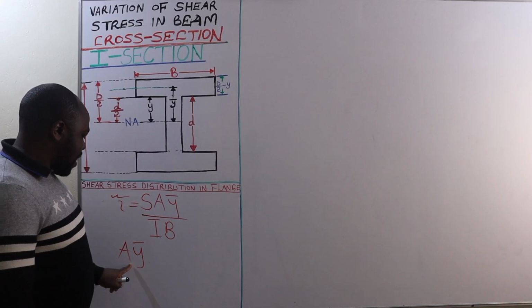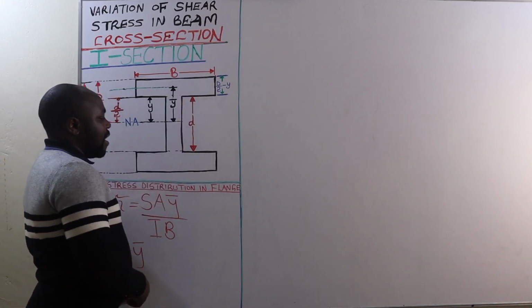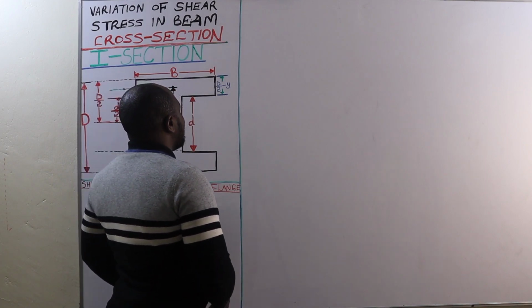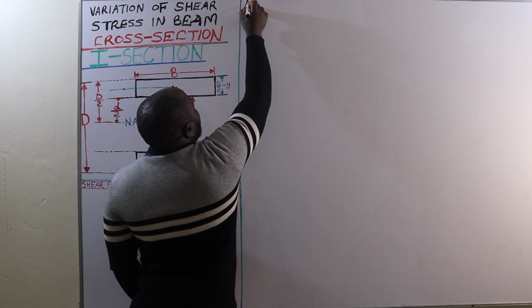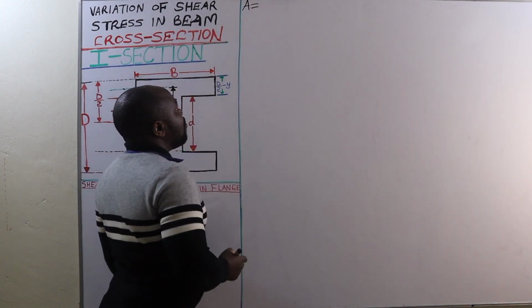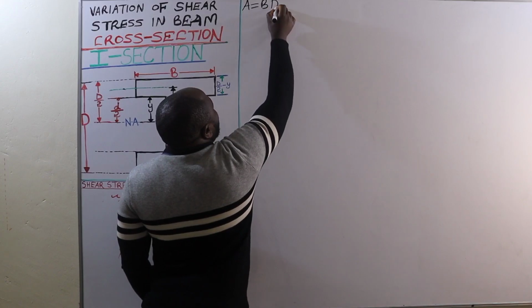Now, starting with the area of the top flange, we are going to have the following. The area of the top flange will be given by breadth times its depth.